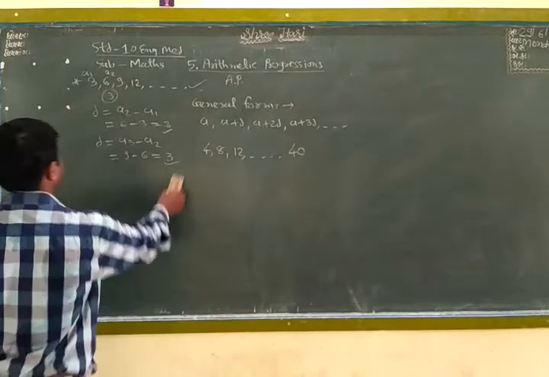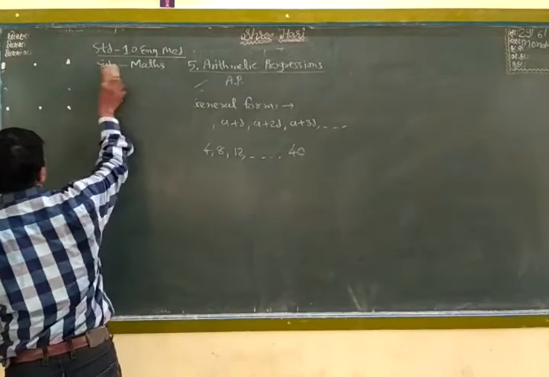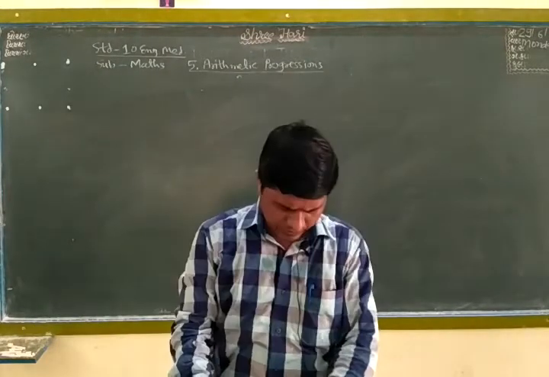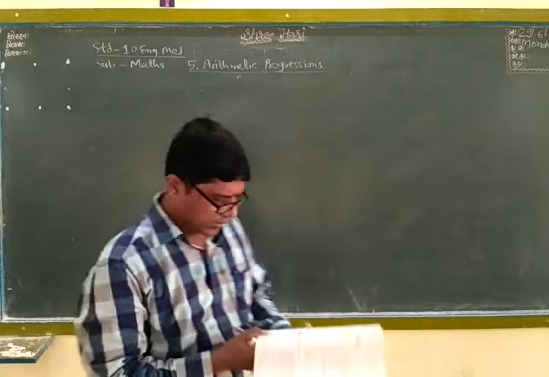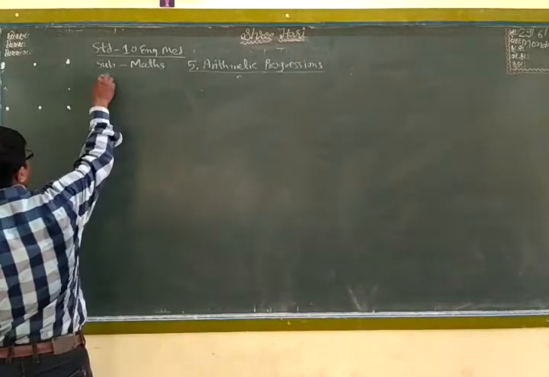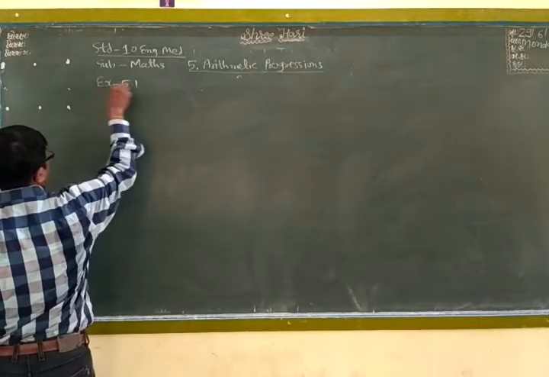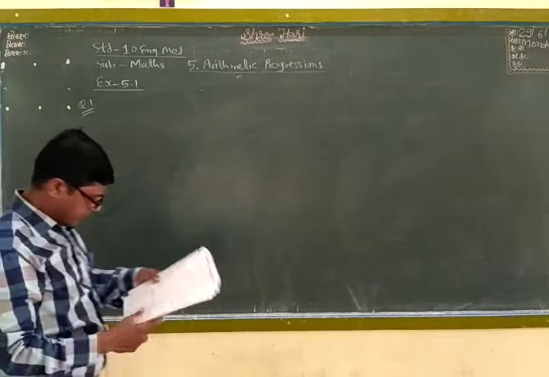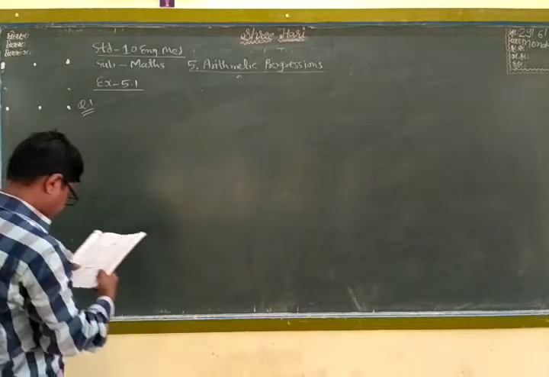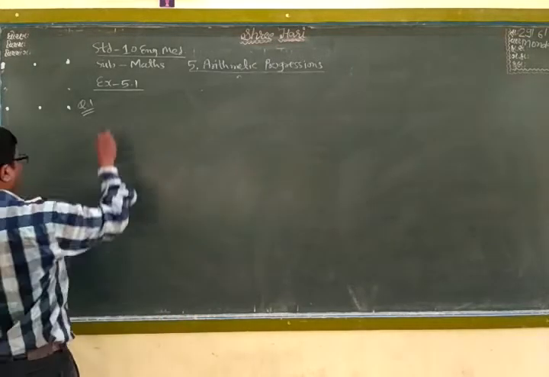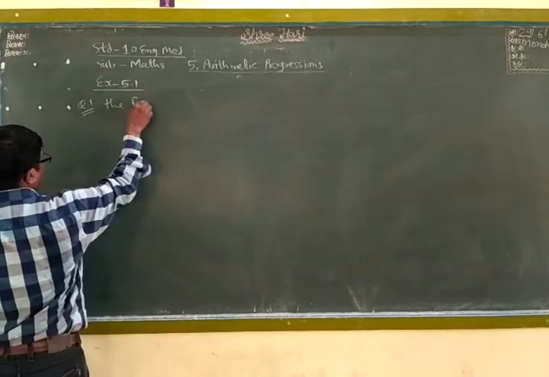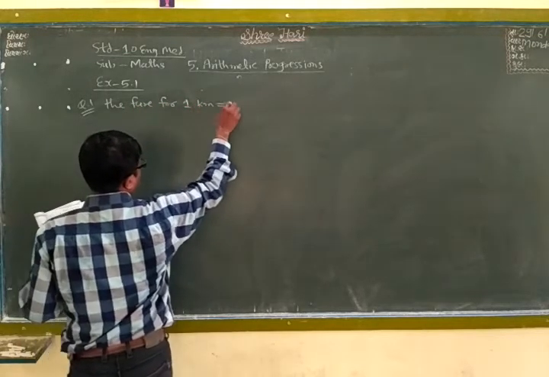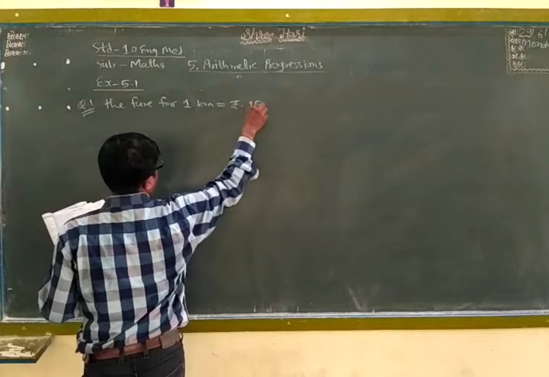We start now. Exercise 5.1, question 1. The fare for 1 kilometer is rupees 15.